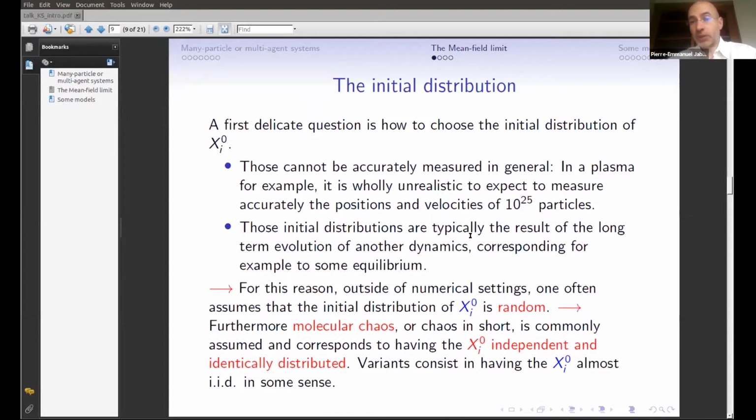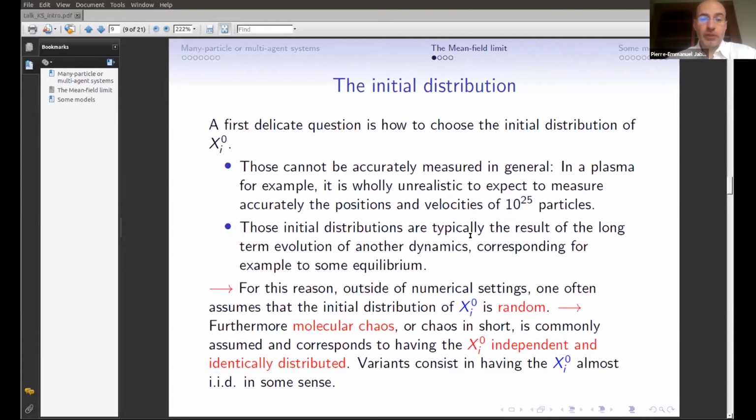And what people typically do then is they suppose that the initial distributions are IID or very close to being IID. And this is called chaos. This follows the notion of molecular chaos that was introduced by Boltzmann in the mid-19th century. The logic to this is not only that we're making our lives simpler by doing something like that.